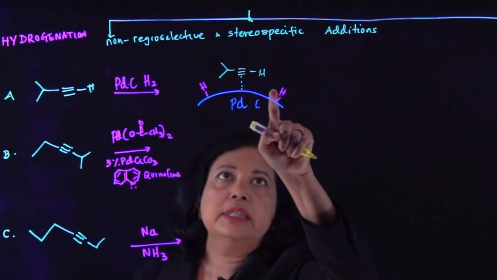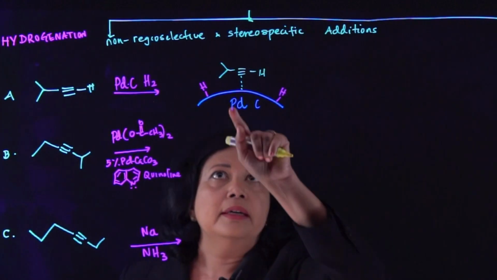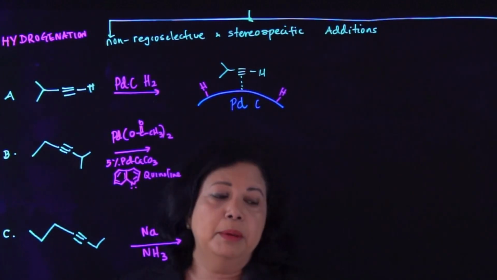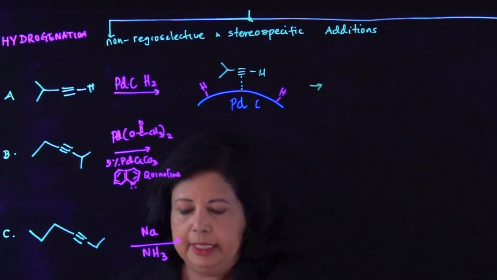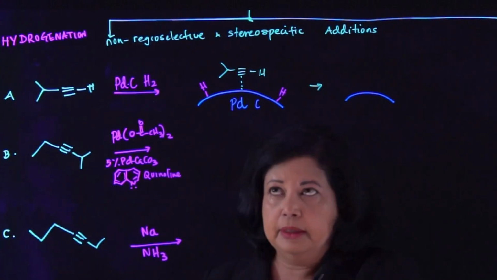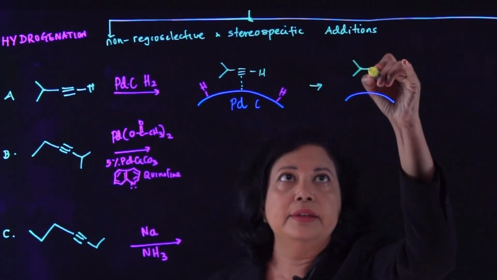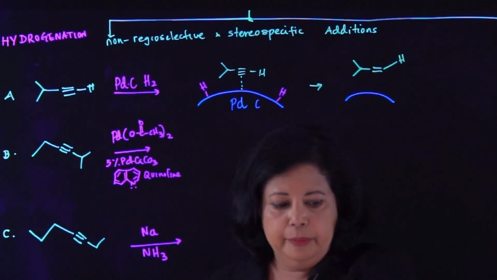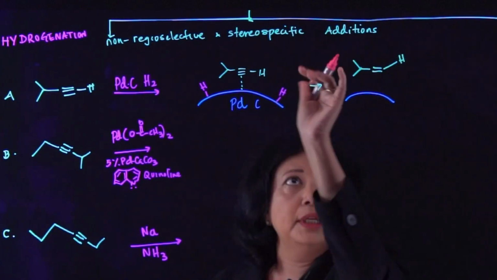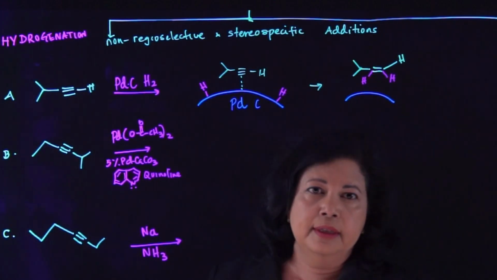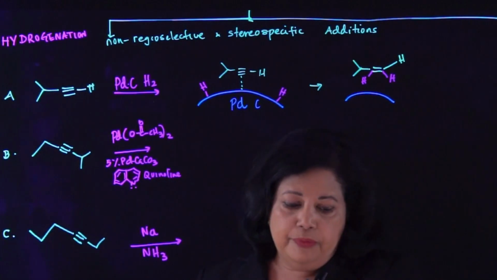Then these hydrogens kind of creep in here and form sigma bonds, break that pi bond and form sigma bonds. And so now you're going to get those hydrogens adding to the pi bond, and so you would get a double bond. And since the metal is holding the hydrogens only on one side here, it's going to be a syn addition.